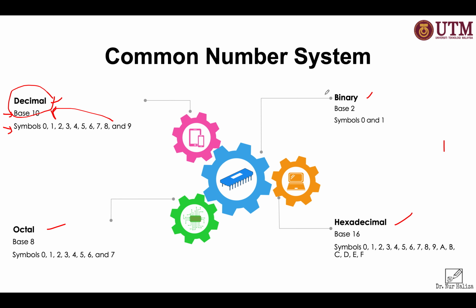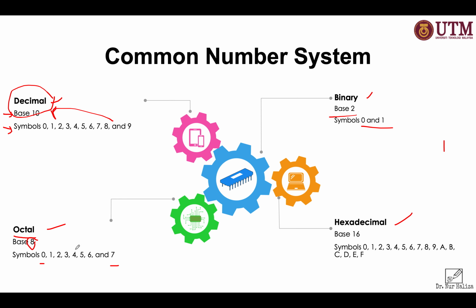Second, we have binary, which is base 2, and the digits are 0 and 1. Octal is base 8, and the symbols are 0 until 7, altogether 8 digits.